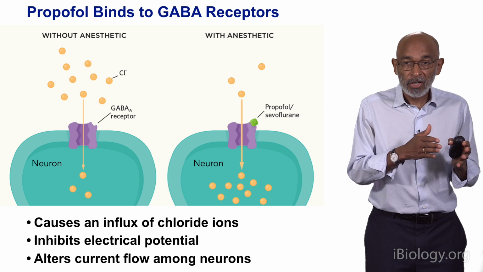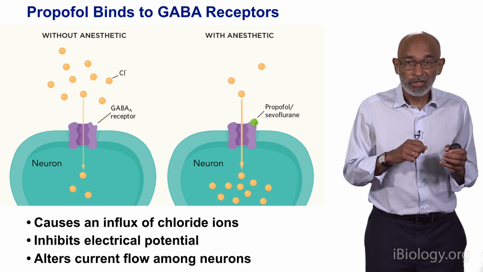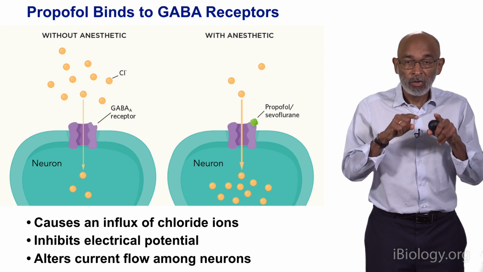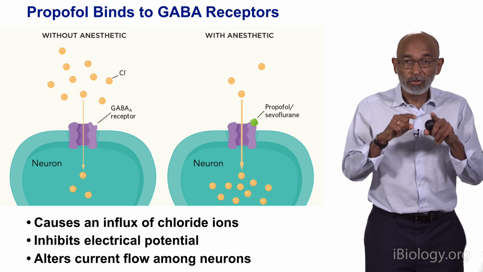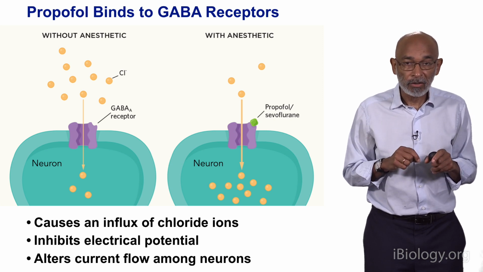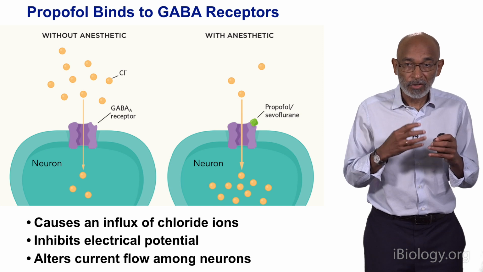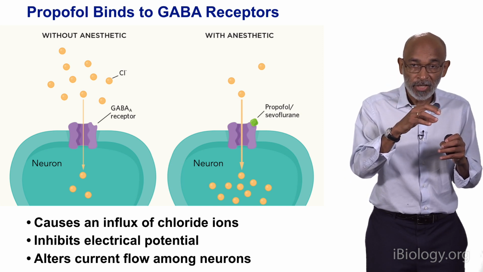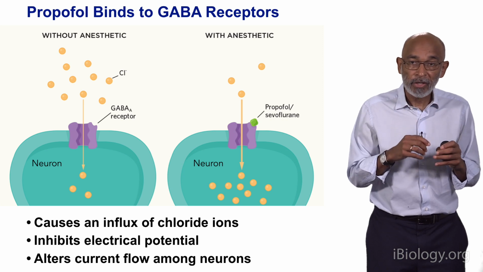So if you do this across enough nerve cells, what you're going to see is there's always current flowing in the brain. What this drug is doing, it's causing alterations in those current flows. And we're going to get a good sense of what that looks like. So that's the first thing. So the propofol binds to these receptors, these GABA receptors, and sevoflurane does the same thing too.